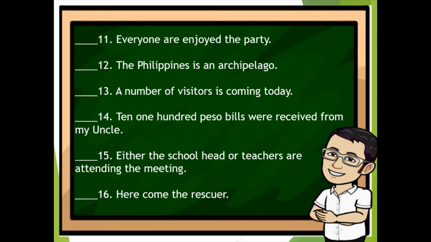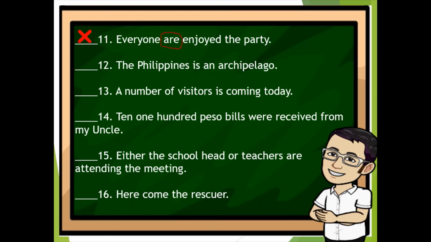Number 11. Everyone enjoyed the party. The answer is, it's an X mark. There is an error in the sentence. What is the error? The error is are. What should be the correct verb here?